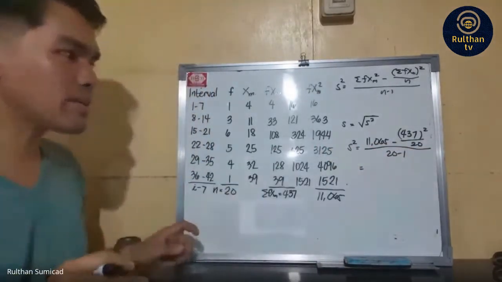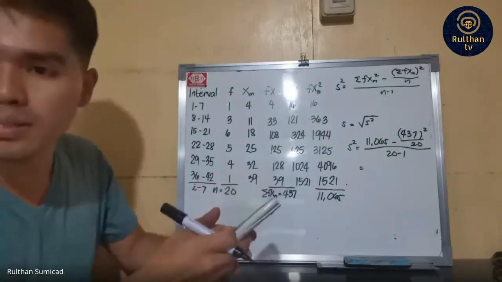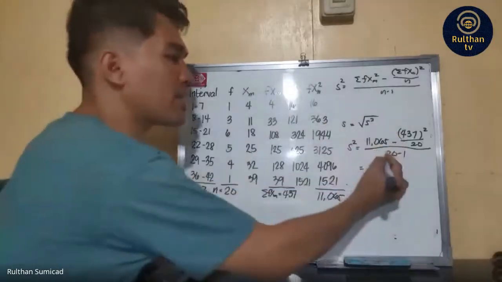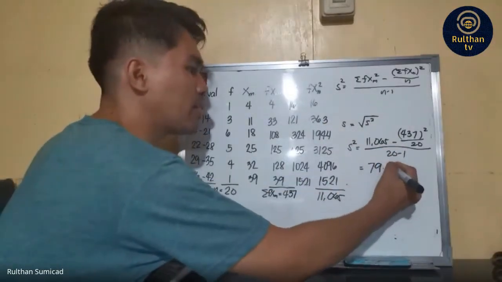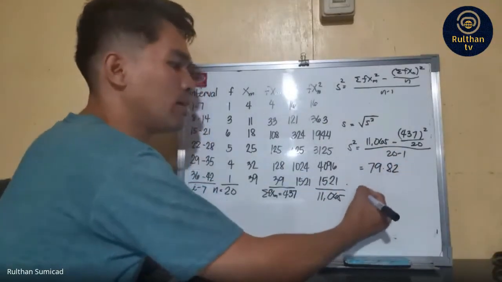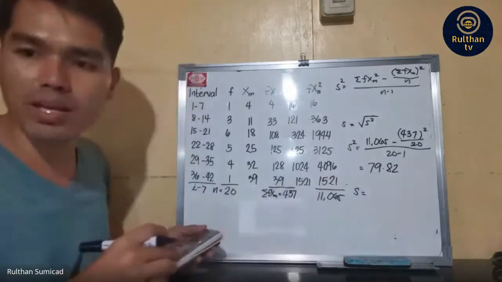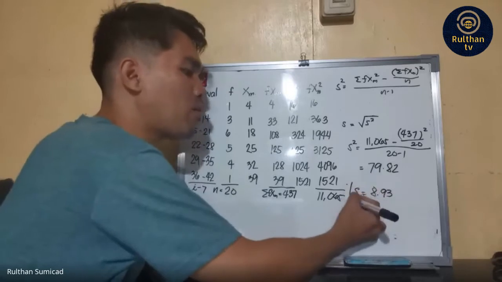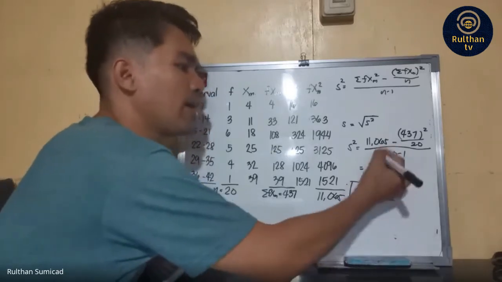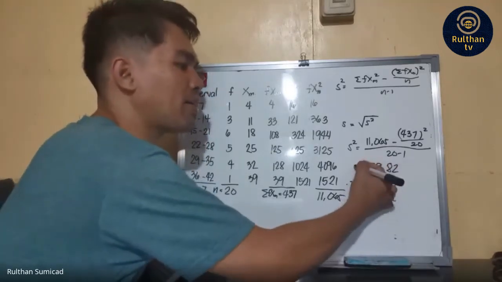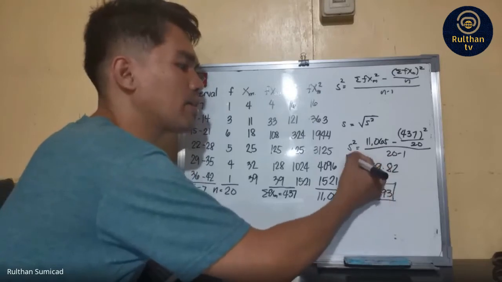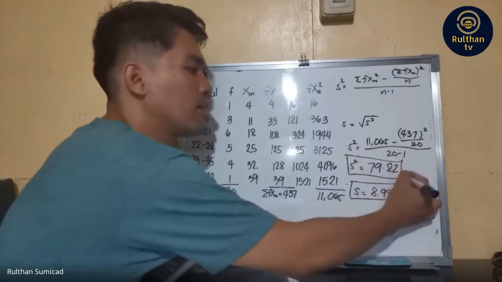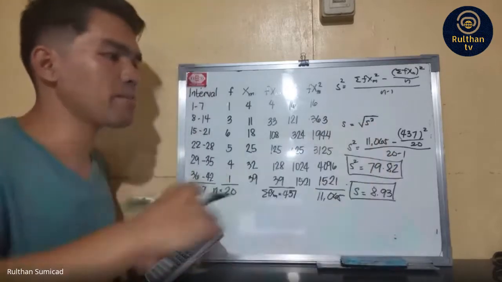Give me the answer for the variance. 79.82, sir. We round it to the nearest hundredth, so we have 79.82. Now, what is our standard deviation? We have 8.93. So this is our variance, S squared, and our standard deviation is 8.93.